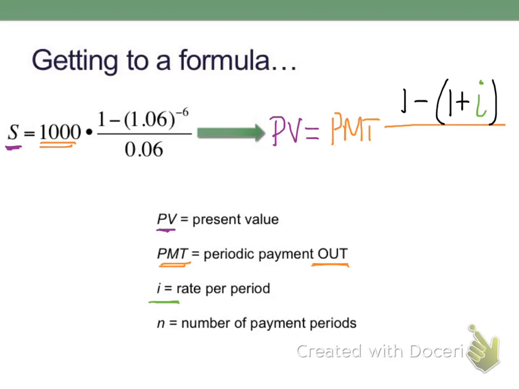It's still 1 plus I. And that is still going to be taken to an n power, but remember it's negative n now. Okay, and then all of that is still going to be divided by the I, which is what the 0.06 was. Okay, so this now is the formula.